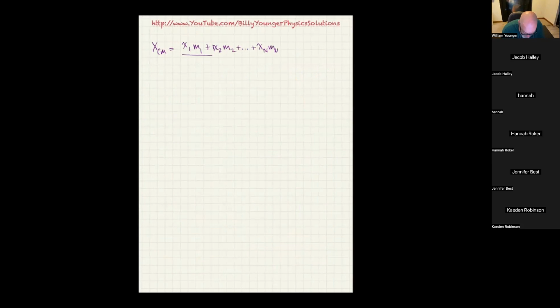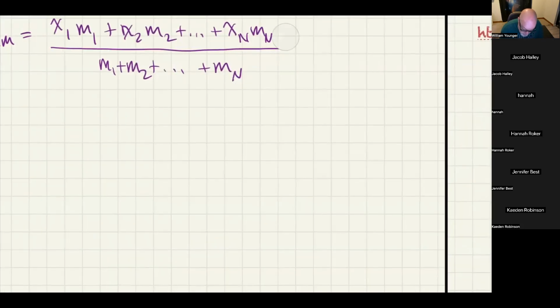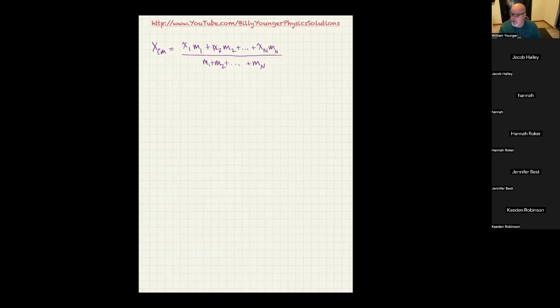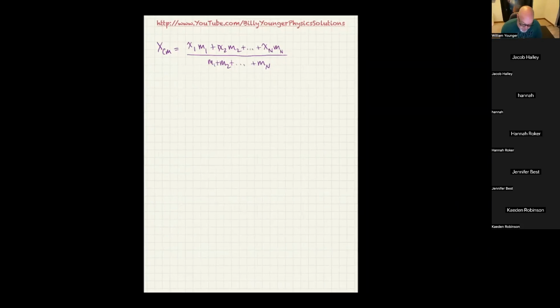And then I've got to divide all that by M1 plus M2 plus dot dot dot plus M sub N, like that. So that's our general formula for the center of mass of any number of discrete objects. You can see that a Y center of mass would be a similar formula: Y1 M1 plus Y2 M2 plus dot dot dot over dot dot dot. You can see how that works.